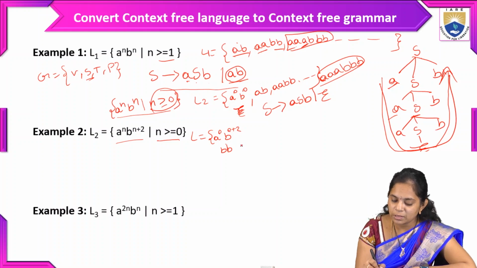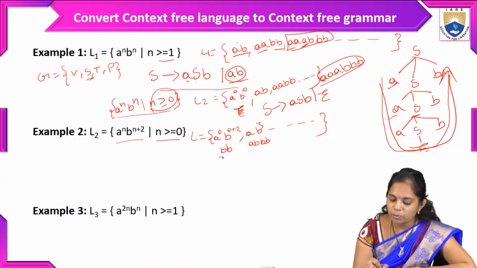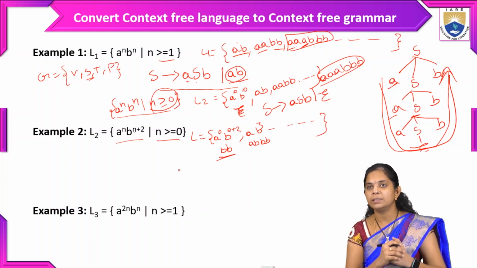This is the first string. If n is equal to 1, A and b power 1 plus 2, which is 3, so ABBB, and so on. The minimum string is BB.